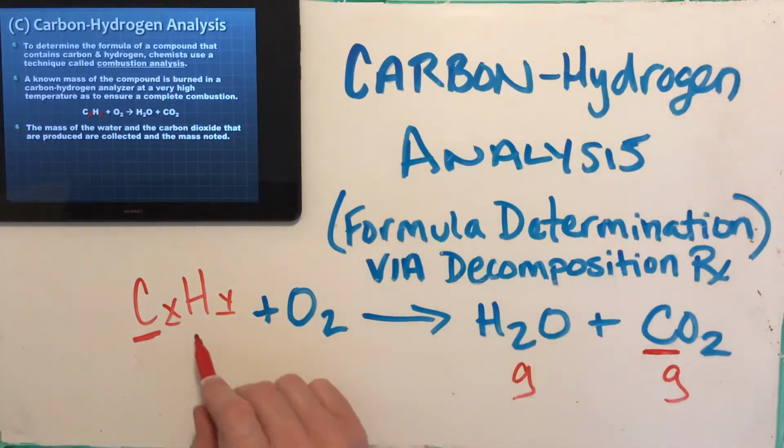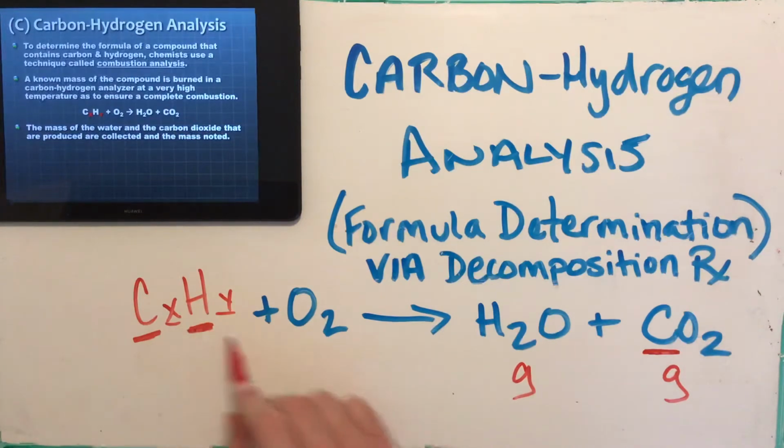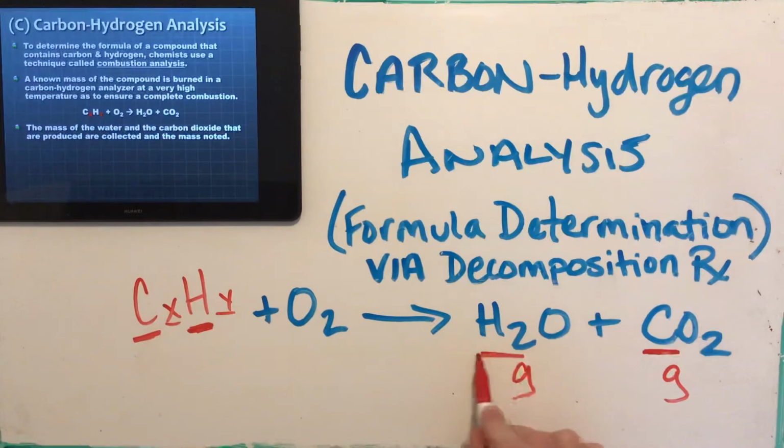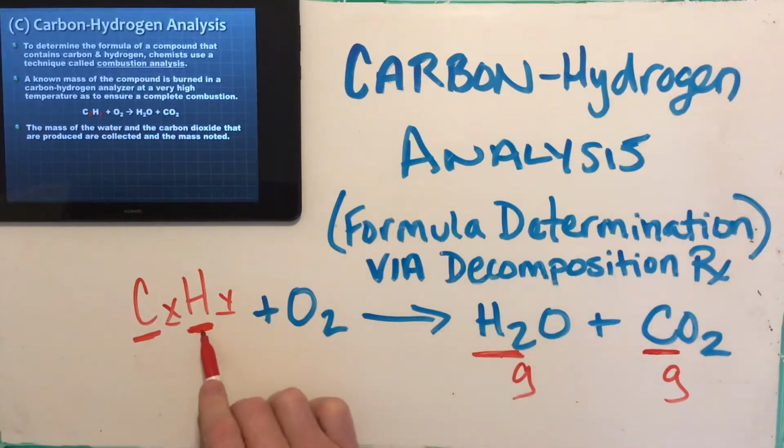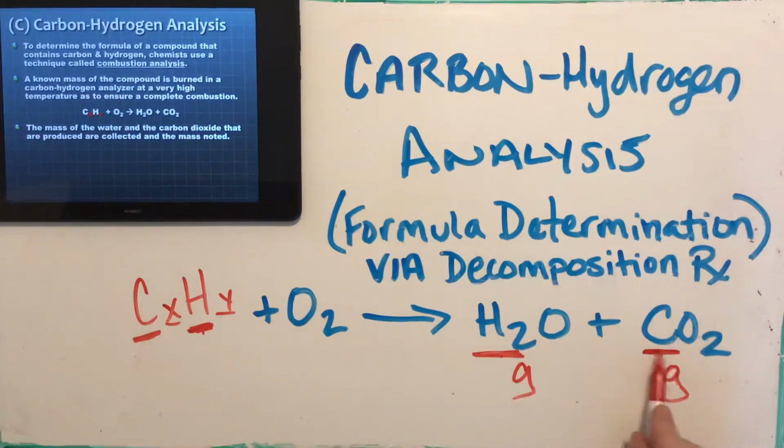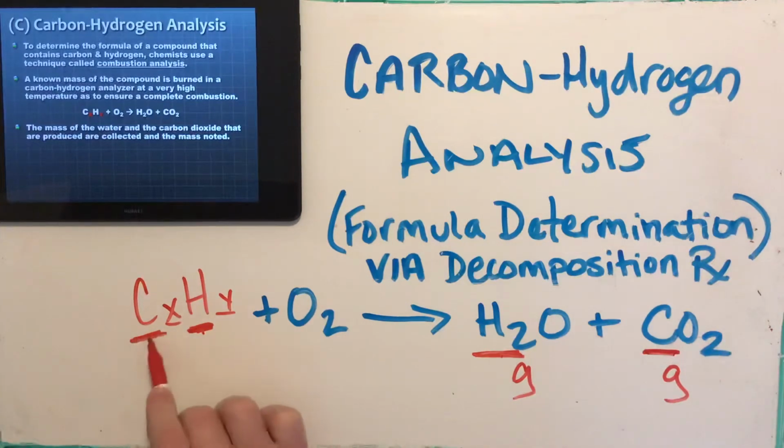For hydrogen, the only hydrogen going in is right here. There's none here, and there's none here. The only hydrogen coming out is right here. So I will use the amount of hydrogen in my water to figure out the amount of hydrogen in my hydrocarbon fuel.